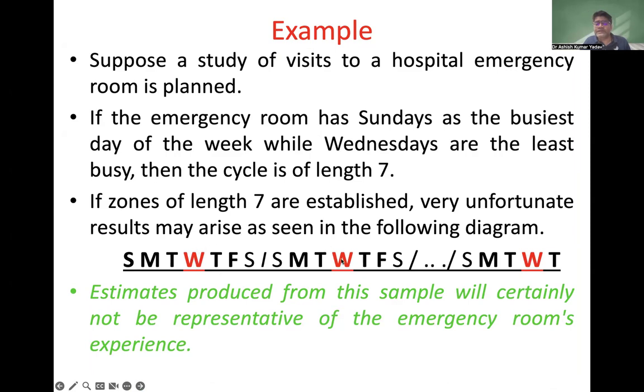So every time a Wednesday would be included in your sample, but generally the coverage of the population is maximum on Monday. So you might get a sample which may report underestimation of vaccination. In that way, you might get a sample which is not representative of the population.